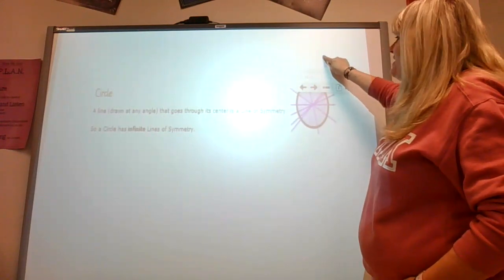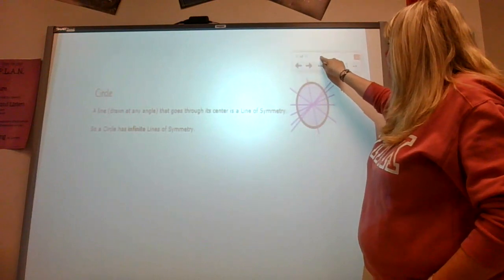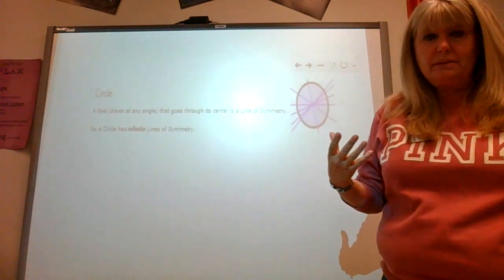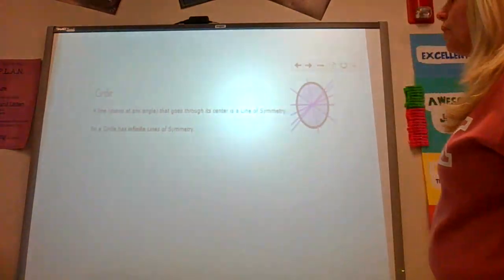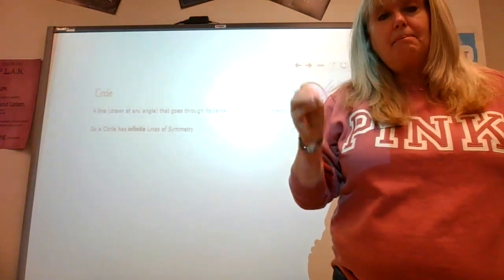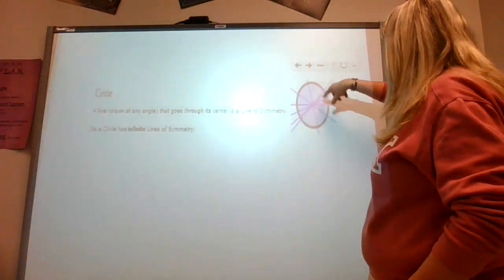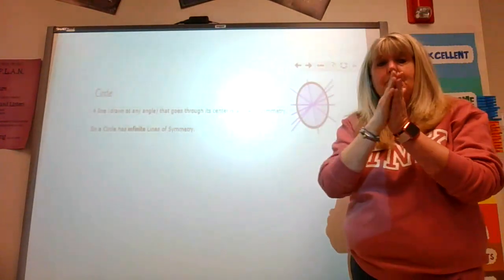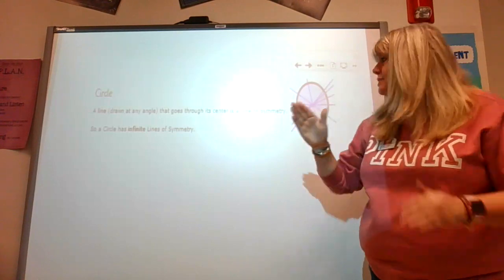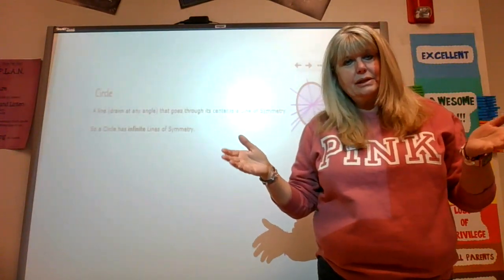Okay, this is the one that I think is so cool, your circle. This one's a little bit off. It looks like an oval, but picture it as a circle. A circle will have an infinite amount of lines of symmetry. It just keeps going on and on all the way around, because you just keep moving over little degrees, and remember, a circle has 360 degrees.